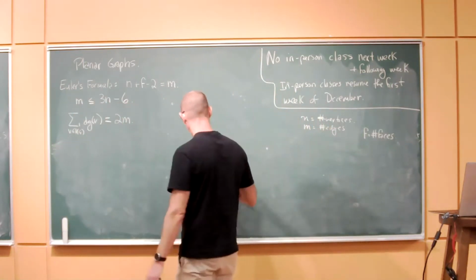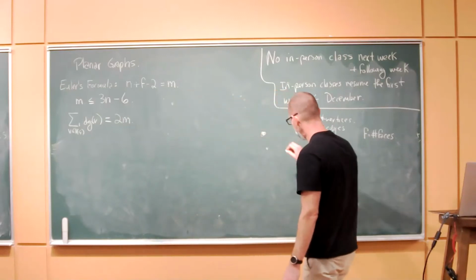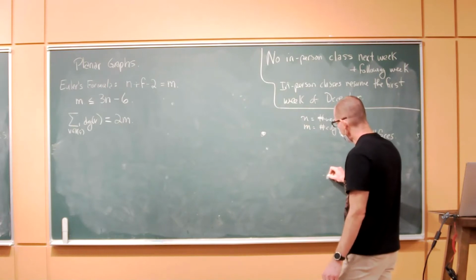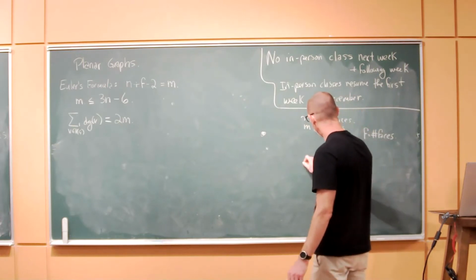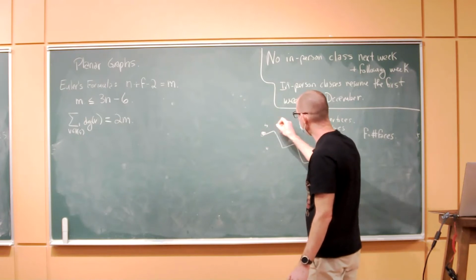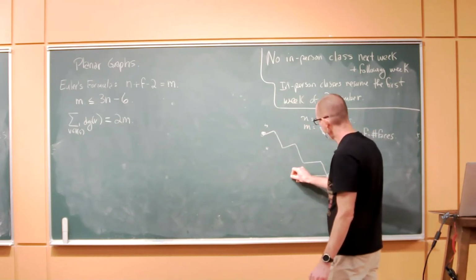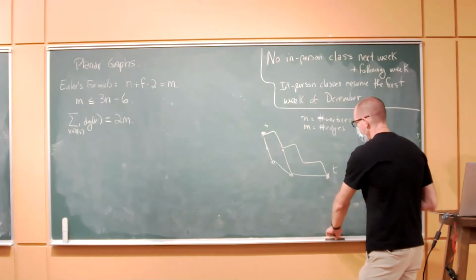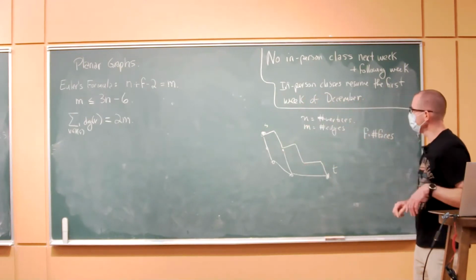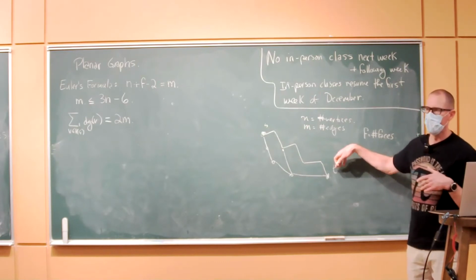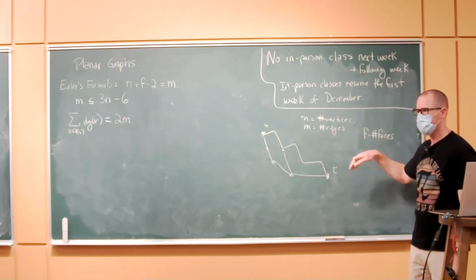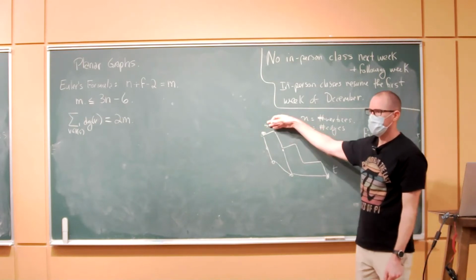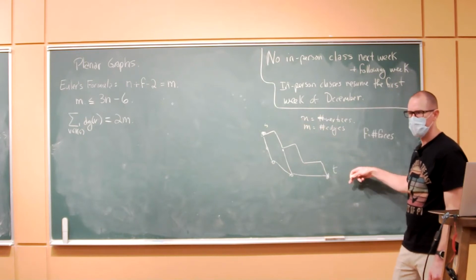Now, for any 2 vertices in my graph, provided that it's connected, there are 1 or more paths between the 2 vertices. Maybe lots of paths, but there is some minimum length over all the possible paths between these 2 vertices. So that's called the distance between S and T in the graph, the length of the shortest path between them.